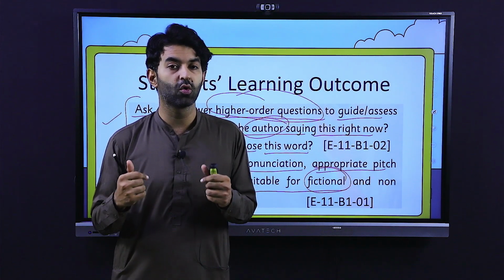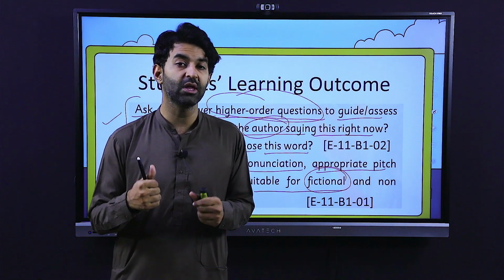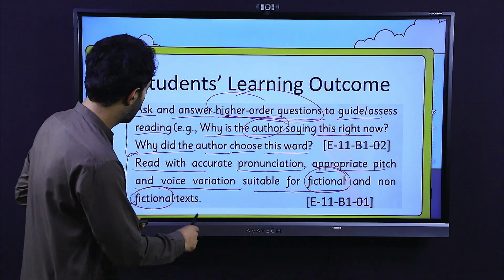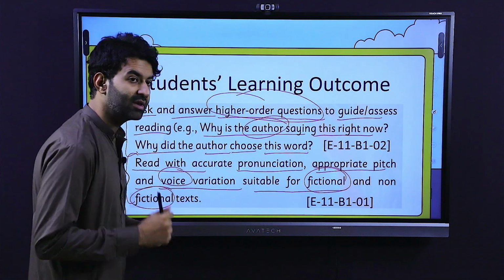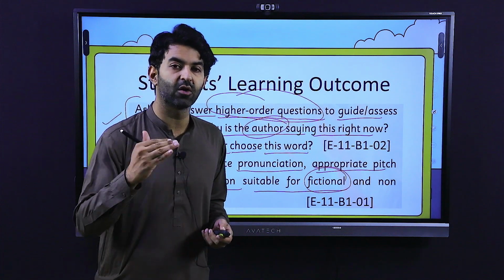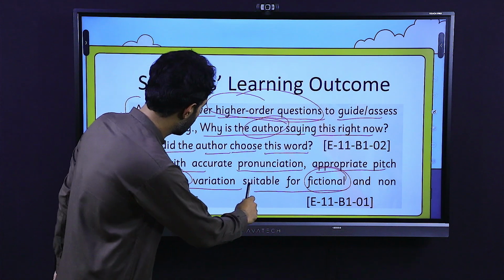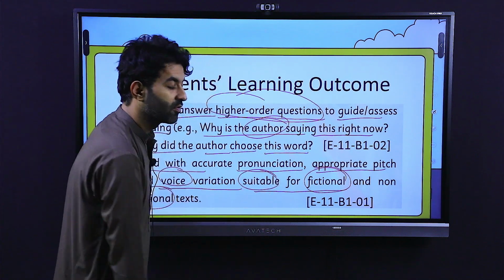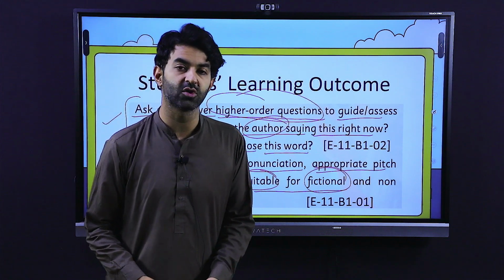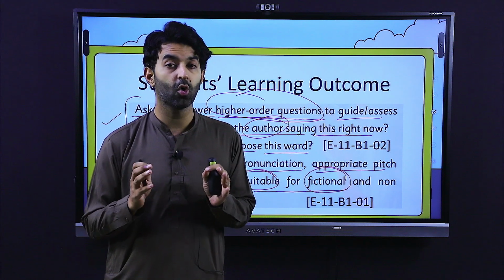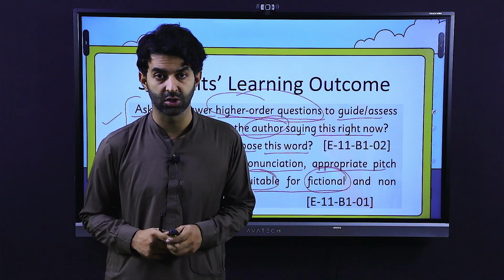we need to be good with the pronunciation. We need to read it accordingly, accurately, with a proper voice, the variation in the voice, the ups and downs, with correct pitch, correct order, and also we will take care that the fiction and non-fiction text will be read out aloud with appropriate variation.